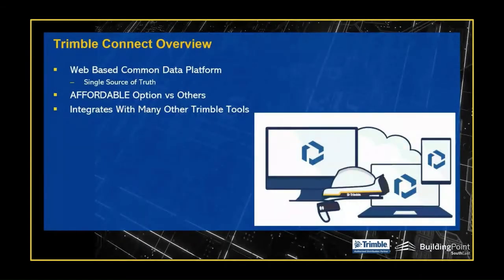So an overview of the platform. It is a web-based common data platform, which, there's a lot of them out there, that claim to be the single source of truth. There's Procores of the world, Autodesks of the world. I hope today gives an overview of how it might help connect those that are in the Trimble ecosystem and currently don't use Connect, and the many advantages that using Trimble Connect is going to bring in that quality control environment, right?